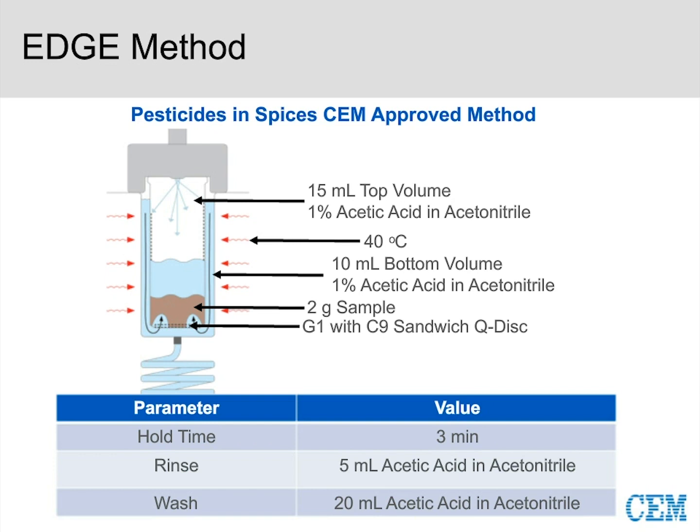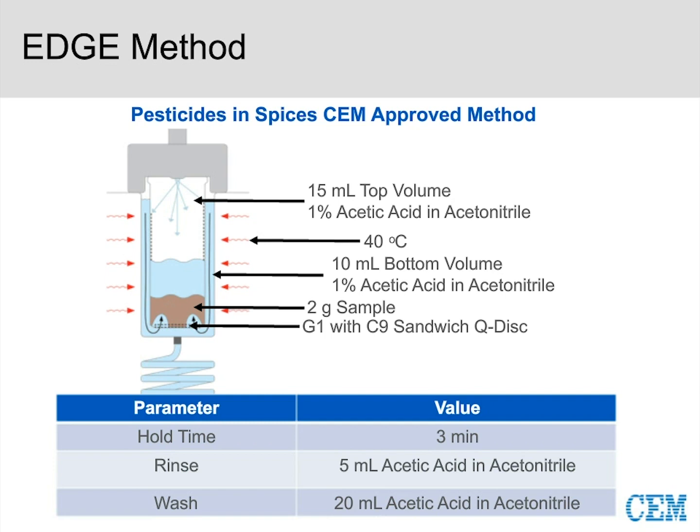As I noted before, we're going to heat this to 40 degrees C. We're doing a 2 gram sample size, and we have that Q disc, that G1 sandwich with the C9s. In any situation where you're running a lower temperature, you want to make sure you're doing a hold time. So in this case, we're going to implement a 3-minute hold time just to make sure you're giving optimal time to run that extraction.